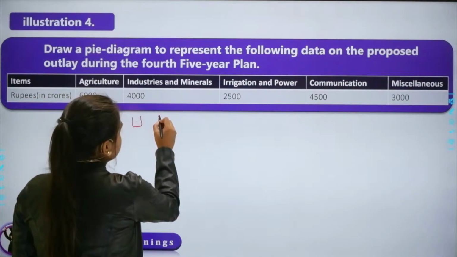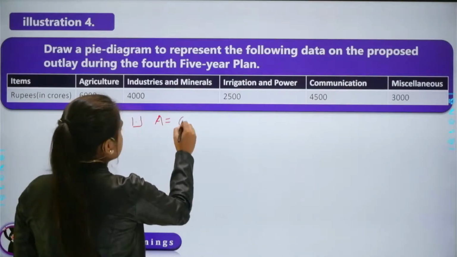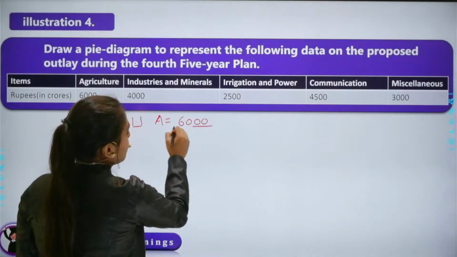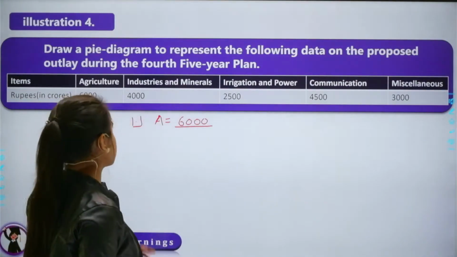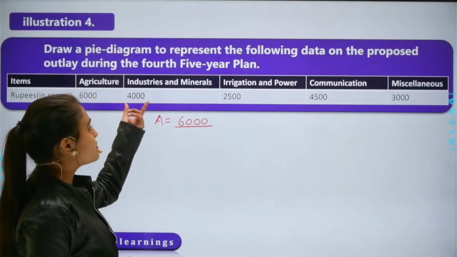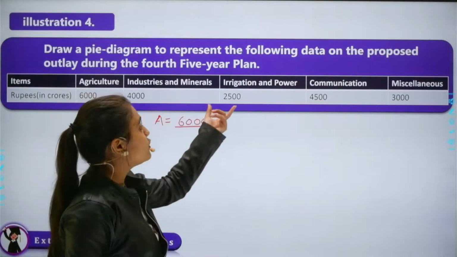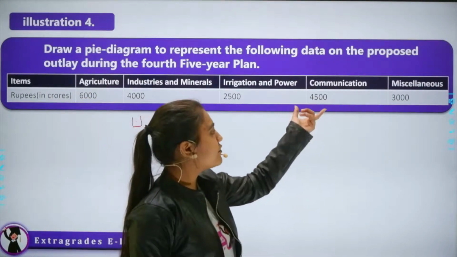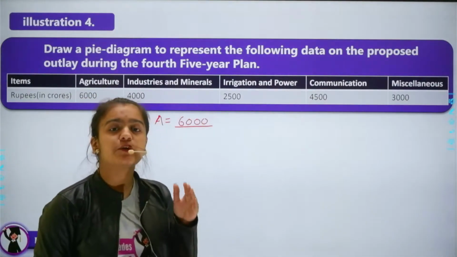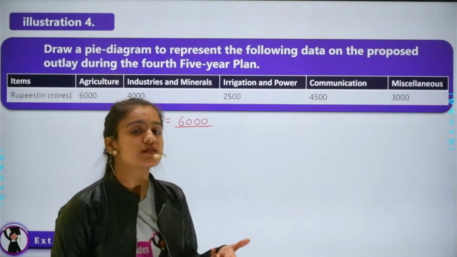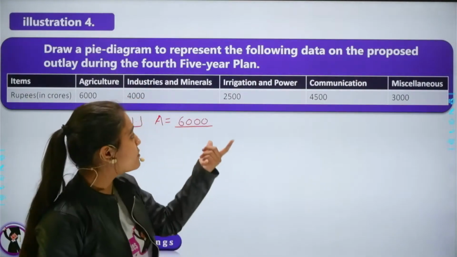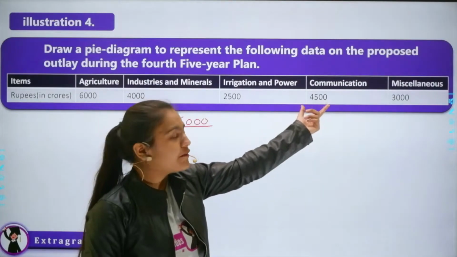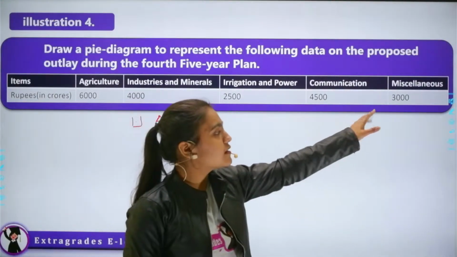Agriculture is equal to 6,000 upon, now we need to find the total first. 6,000 plus 4,000 becomes 10,000, plus 2,500 becomes 12,500, plus 4,500 becomes 17,000, plus 3,000 is 20,000.